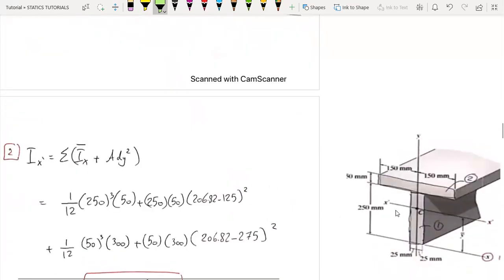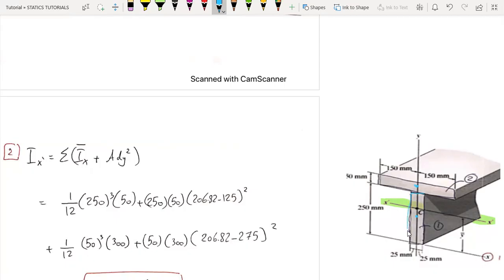It's required from us to find the moment of inertia about this axis, so we have to use the parallel axis theorem. Why? Because regarding segment 2, the center of it is here, and for segment number 1, it is here. So we will say summation, I bar for segment 1.